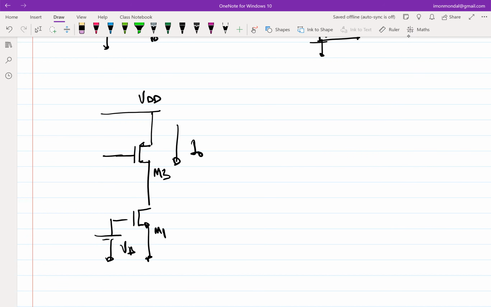But I want a current of I0, and I want the current to be set by M3, not M1, right? Which essentially means that I have to apply some battery here. Right, I have to apply some battery which is holding some VSG value, which corresponds to the current of I0.